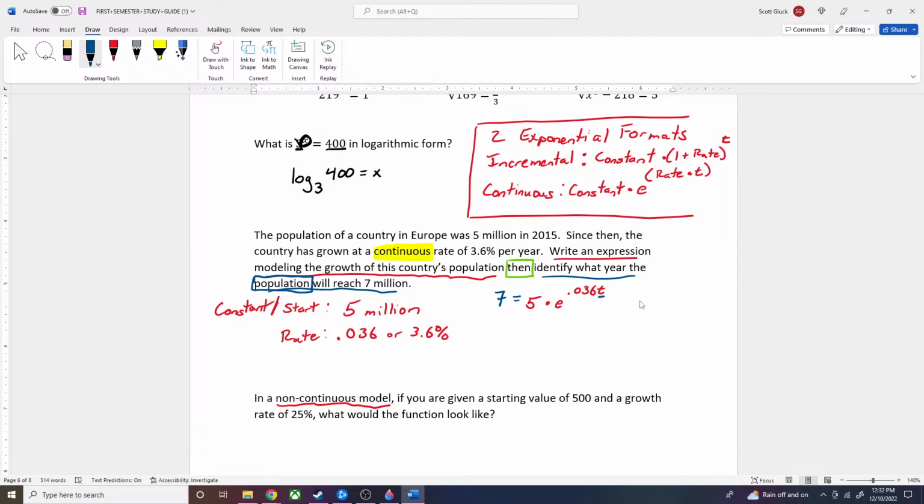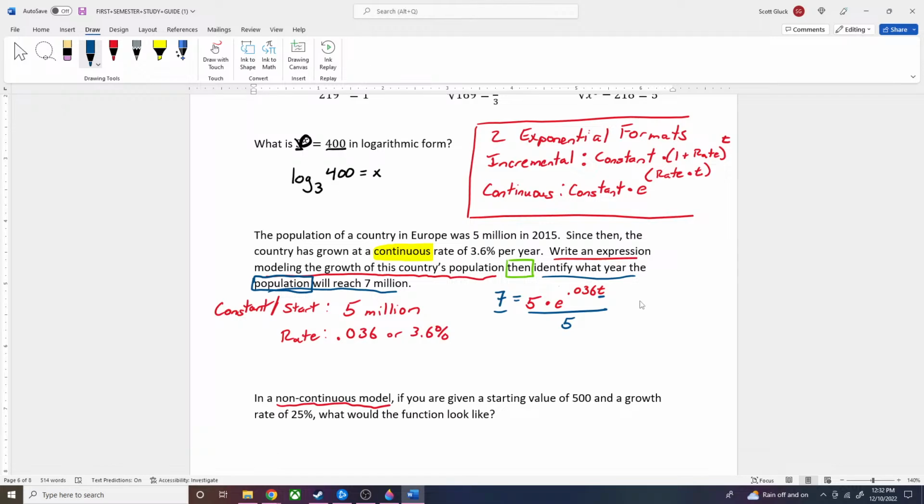And since we only have one variable, we can do as we please with it. So we're going to divide both sides of this equation by 5. The reason being, this variable is in an exponent. Therefore, we can't touch the variable yet. We can't get it by itself, which means we can't touch t, we can't touch 0.036, and since e is associated with the variable very directly, we cannot touch e either.